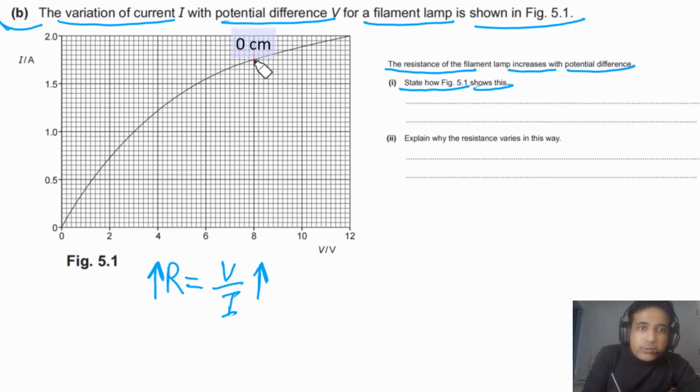Let's say we take this point. If we draw this dotted line here, this is the one we will consider. In this case you can see the increase in V is this much. So this is the change in V. How about the change in I? The change in I is this much. So the change in I is very small as compared with the change in V. So it means the ratio is increasing.